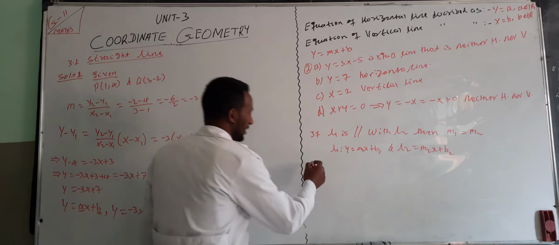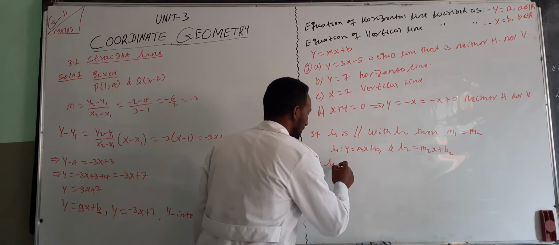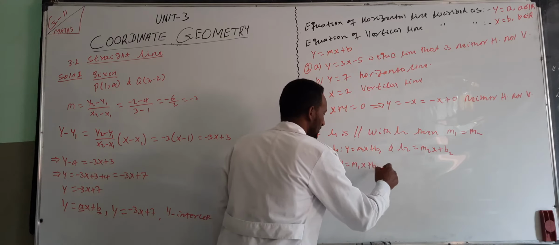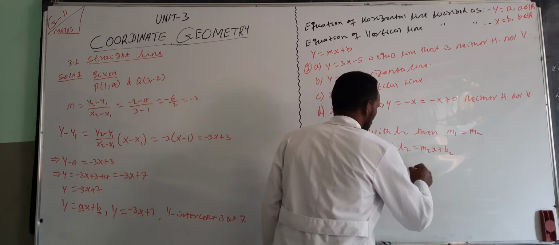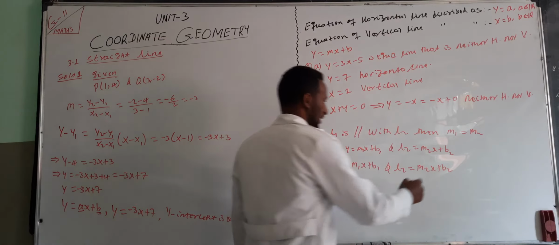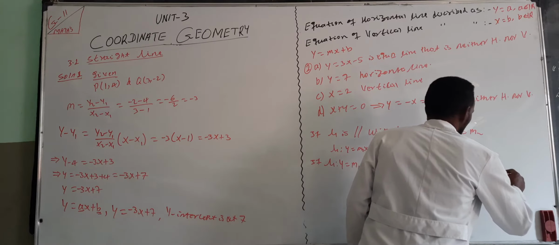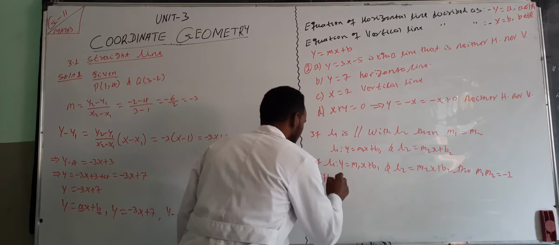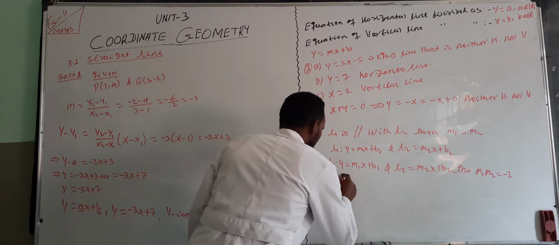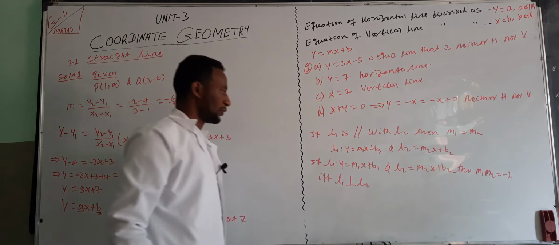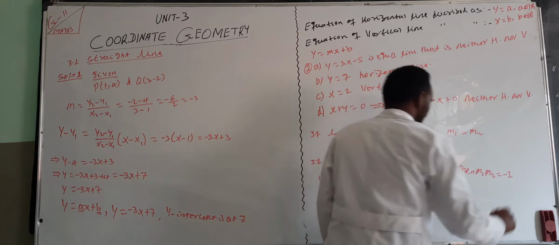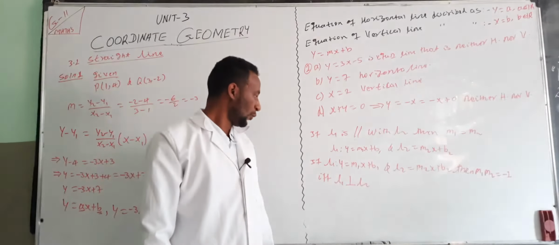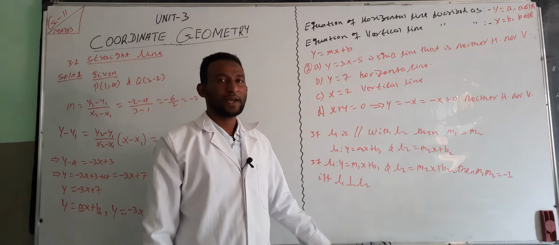And if L1 is expressed by the equation y is equal to m1x plus b1, and L2 is y is equal to m2x plus b2, then m1 times m2 is equal to -1 if and only if L1 is perpendicular to L2.